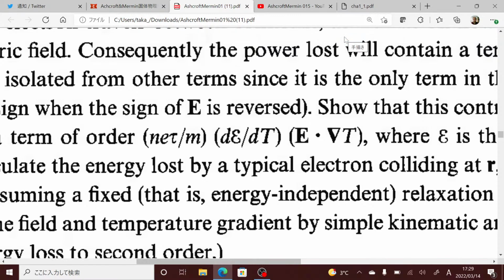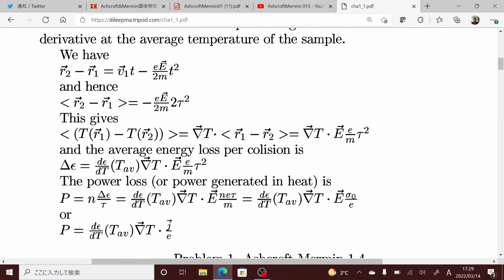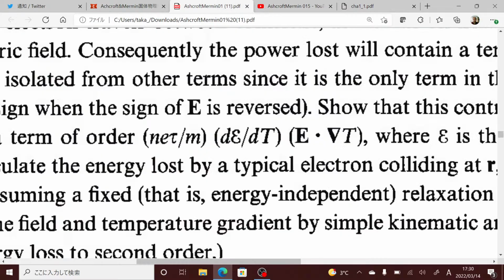Okay, so this is more like we don't have e squared. Hey, is this e squared or e? Interesting. So this is conductivity divided by e. Sorry. Okay, this one is conductivity divided by e, right?